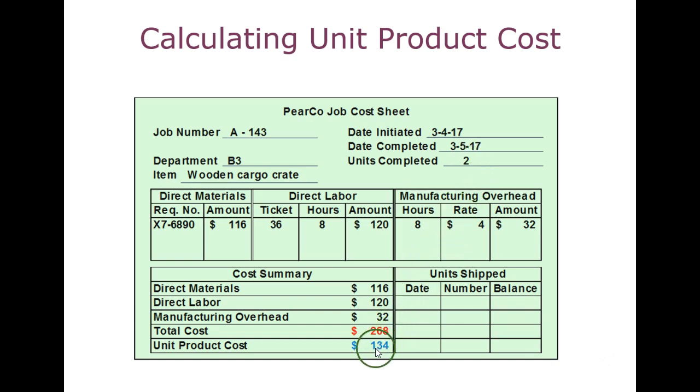And so here it's $134. If the number of units had been, let's say, 10 units here, we would take 10 units, divide into $268, and the per unit cost would be $26.80 if it had been 10 units. But of course, it's only 2 units, so 2 divided into 268 is $134 per unit.